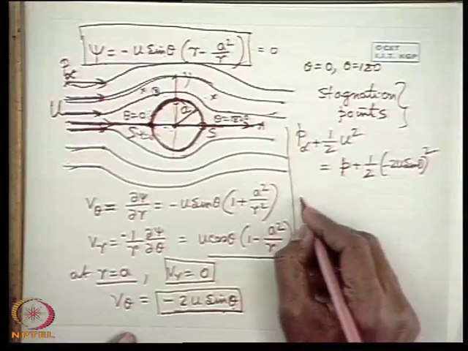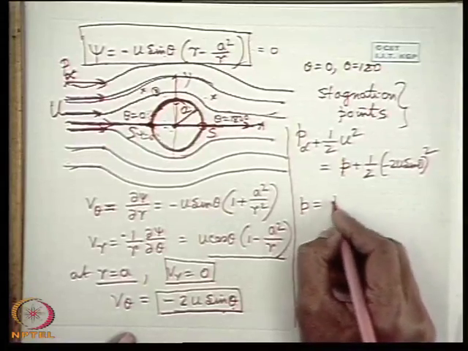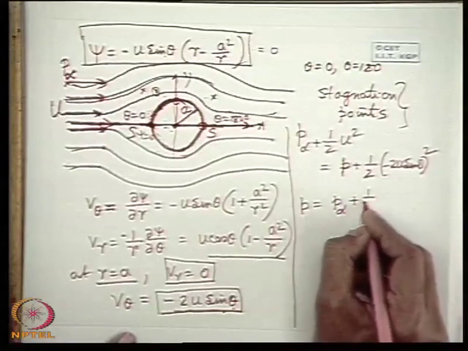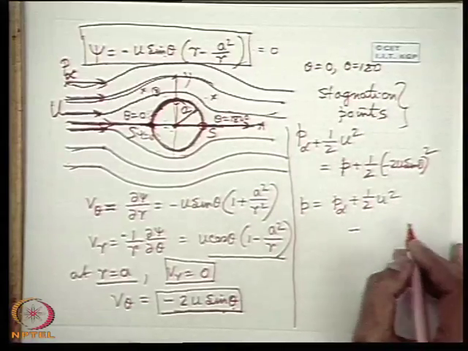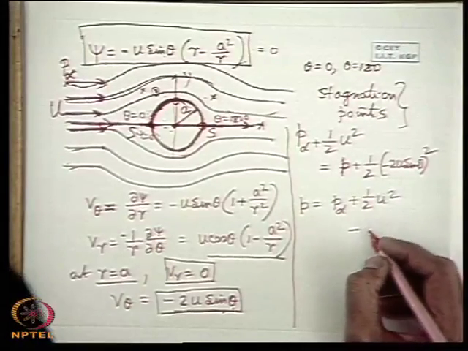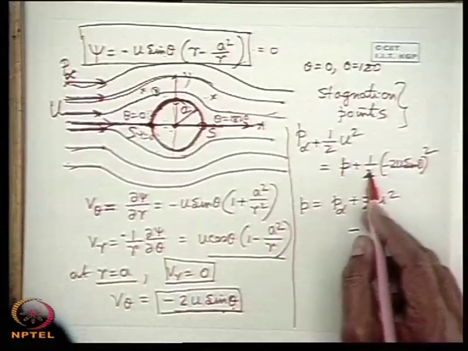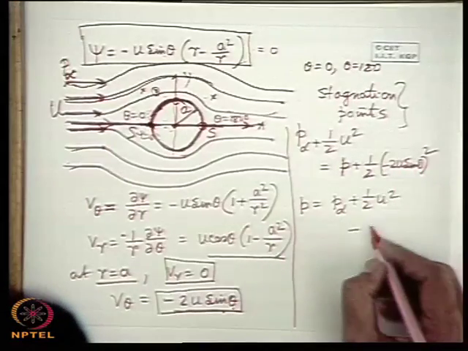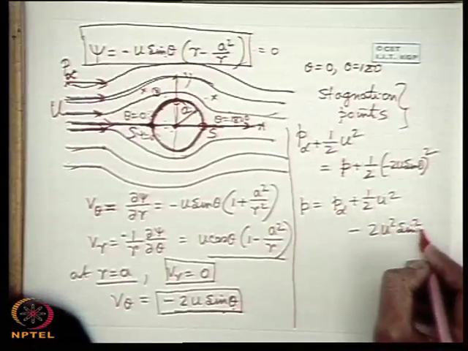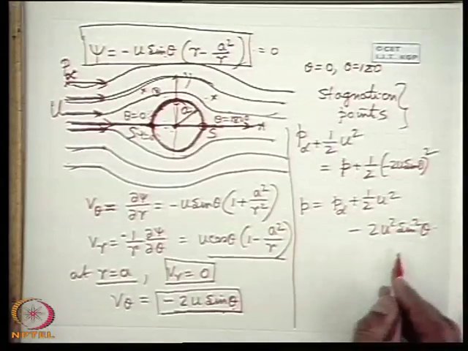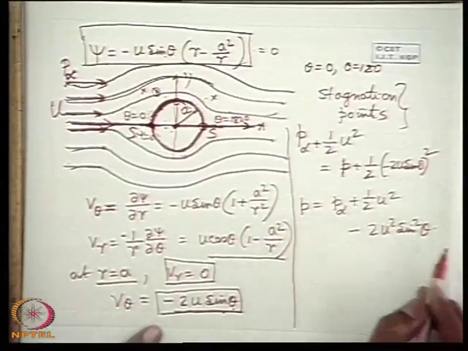Okay, so we can write P is equal to P infinity plus half u square minus half into 4 u square sine square theta. Now this is the pressure distribution equation.